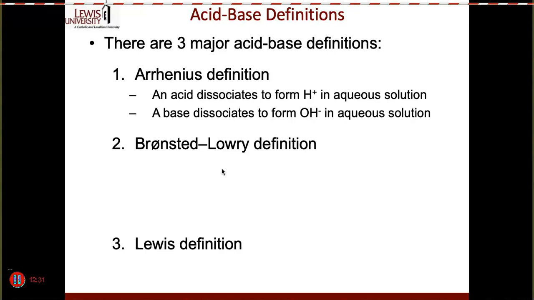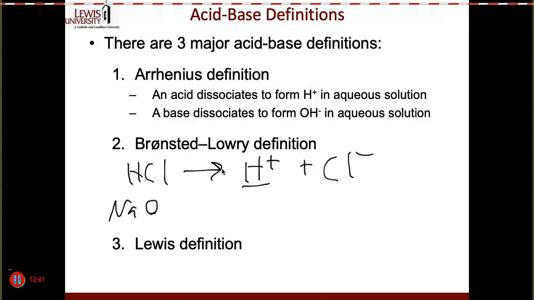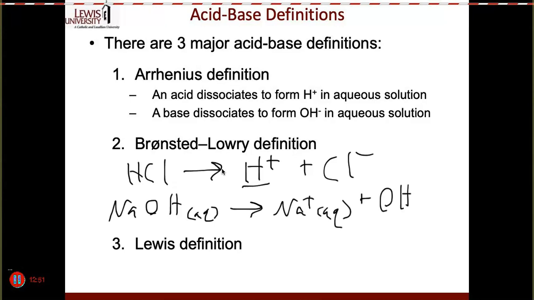So if we think about a simple binary acid like HCl, it's pretty obvious that HCl forms H+ and Cl-, and that gets us our definition of an acid, right? We're forming H+ in solution. Likewise, if we take a strong base like NaOH, and these are all aqueous, when we put it in water, we should get Na+ and OH-, because it will readily dissociate.